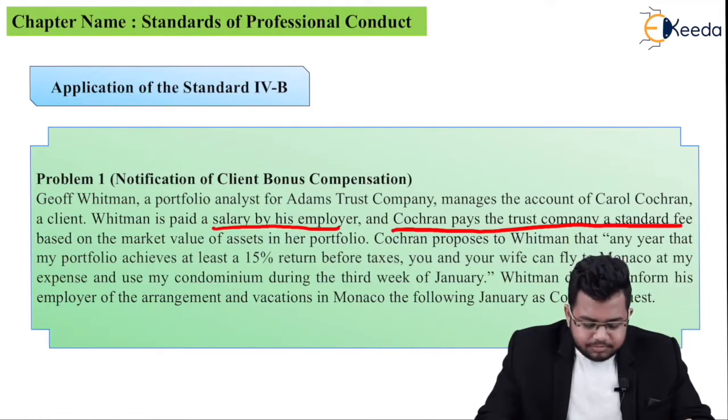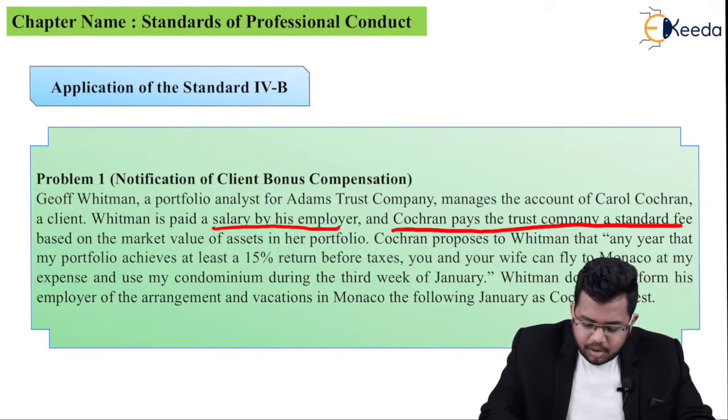Understand what is happening? Whitman जो है वो employee है and he gets salary from the employer. Then there is a client, Cochran. Cochran pays the trust company, basically the employer. So the client is paying the employer a standard fee based on the market value of the portfolio.